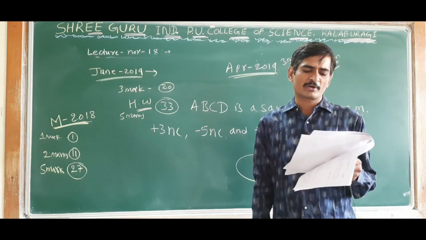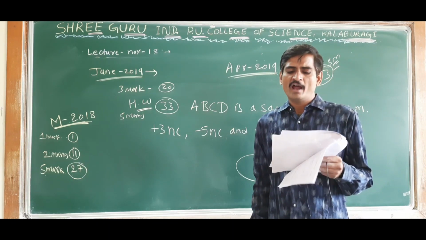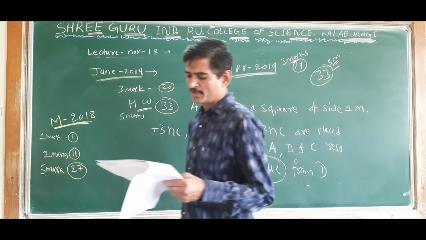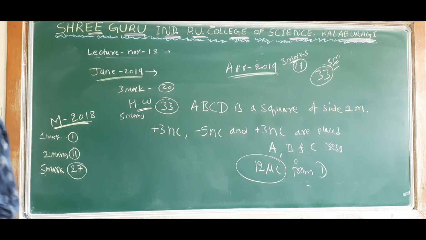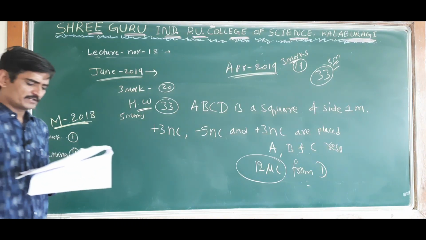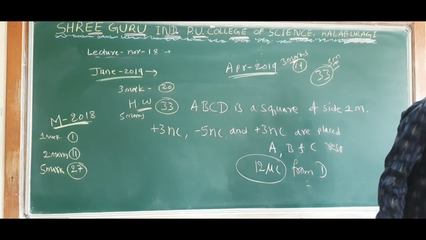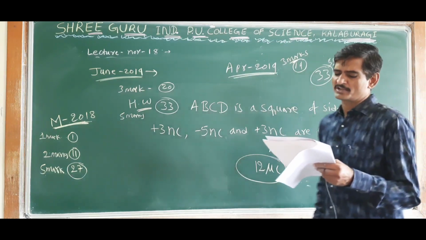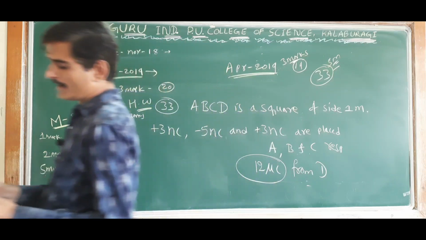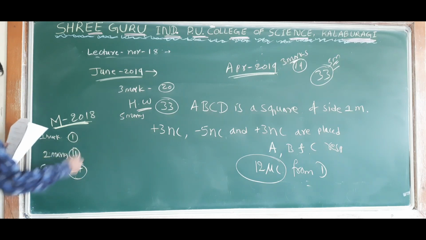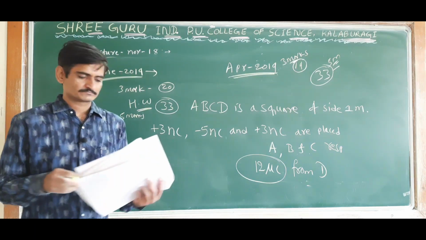This is a 5 marks derivation, electric potential due to a point charge. So totally once again 8 marks.